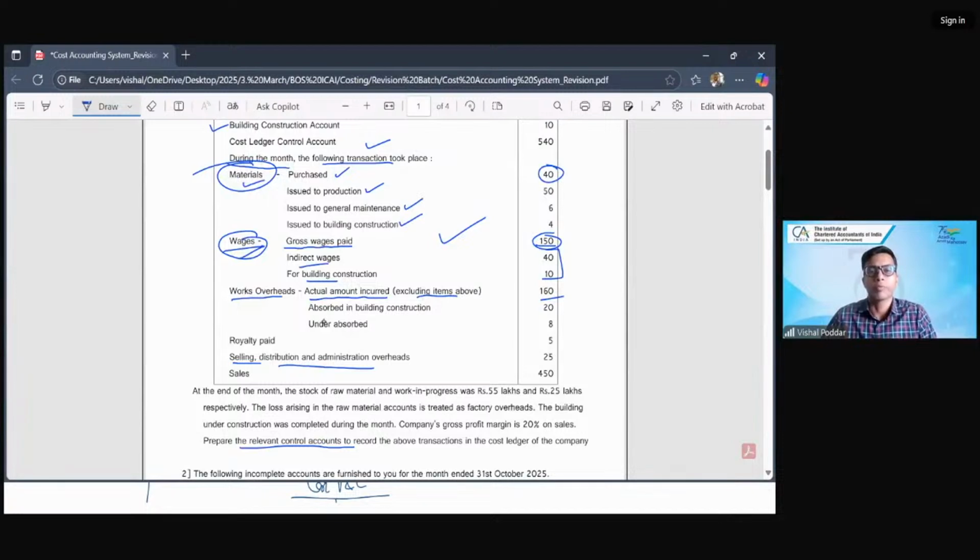Now, out of this, you have charged something to building and something is under absorbed. Whatever is under absorbed, cost accounting says has to be transferred to costing P&L. So we'll do both these postings. Building charge is 20 and under absorption is 8.